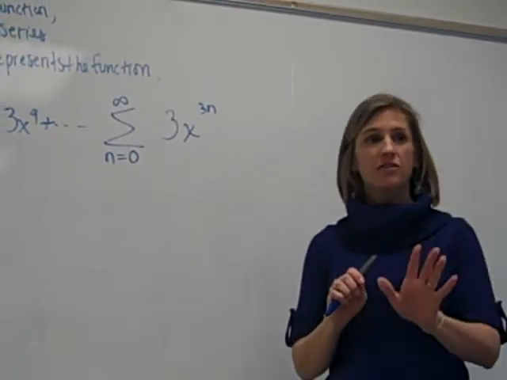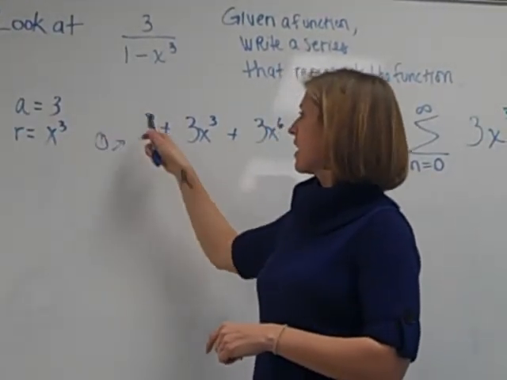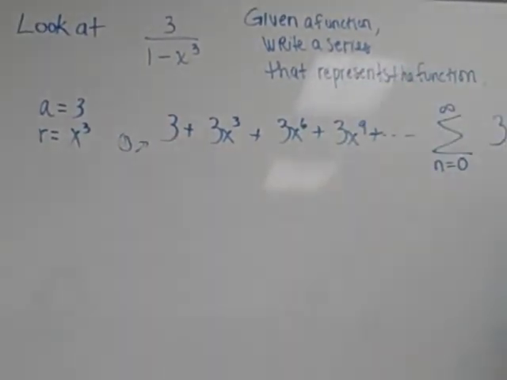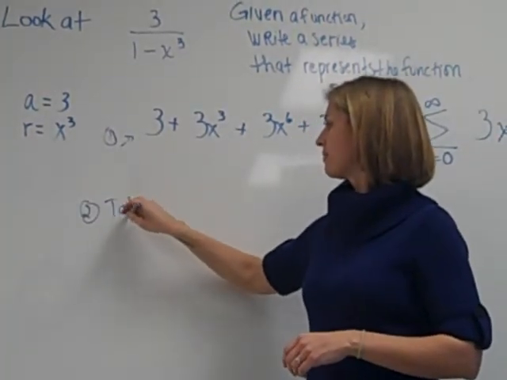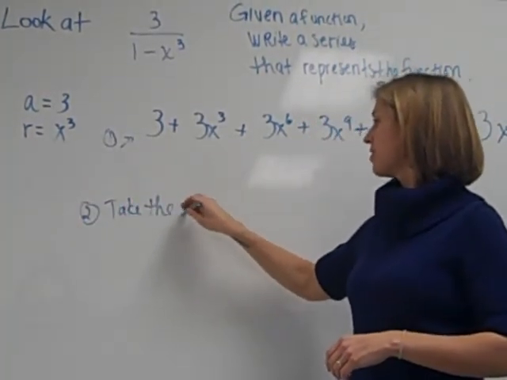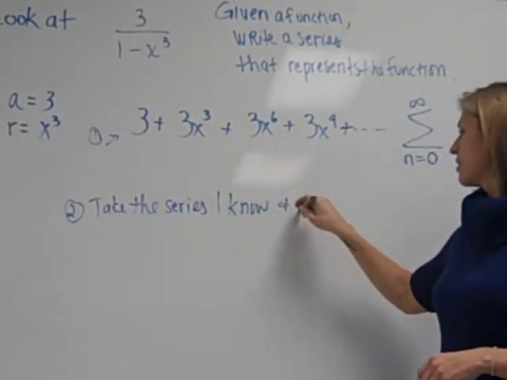Okay. I can write a series in one of two ways. This is the first way I can write it, by getting my a and my x and writing it all out. The second way I can write it is I can take the series I already know and substitute.